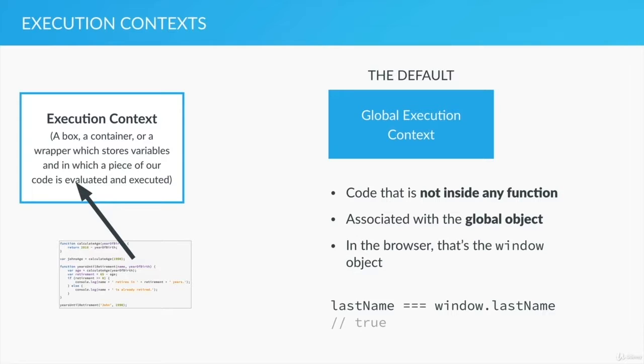And it works like this. Declaring a variable called lastName or window.lastName is the exact same thing. It's like lastName is a property of the window object. And as we talked about in the intro lectures, properties are just variables attached to objects. So this makes sense, right?